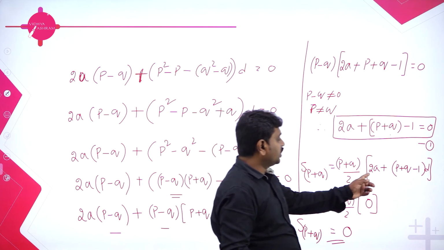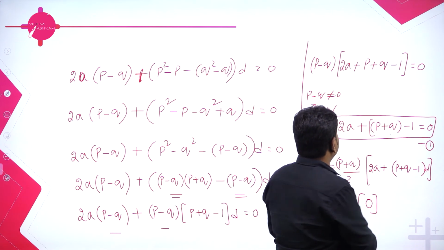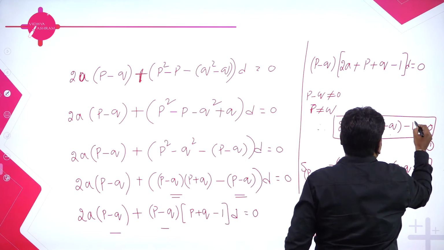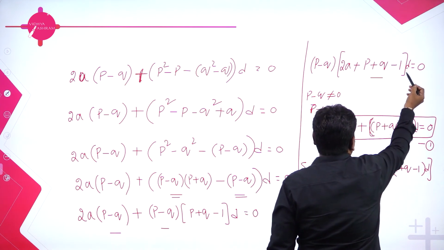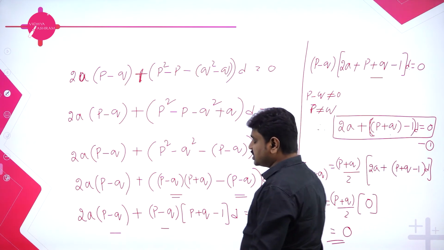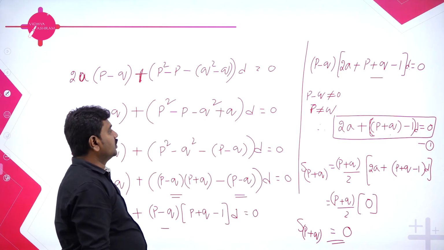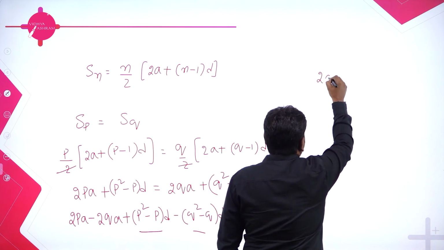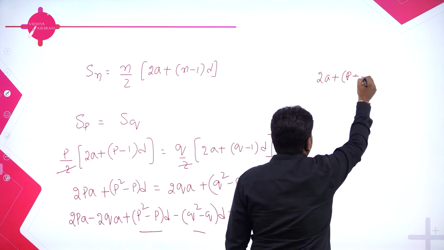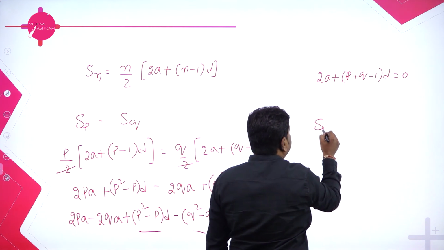Because here I get 2a plus p plus q minus 1 into d, which we just got is equal to 0. So in the sum of p plus q terms also we got 0. They want the sum of p plus q terms.